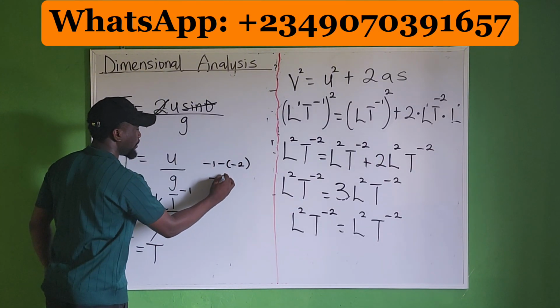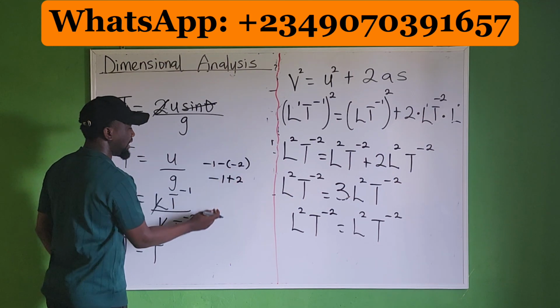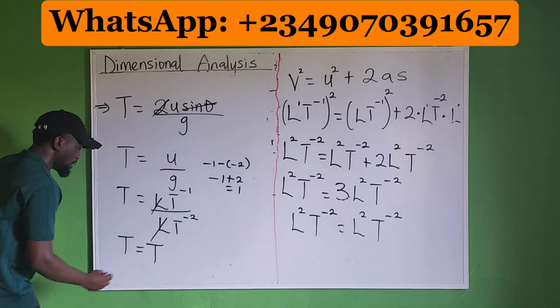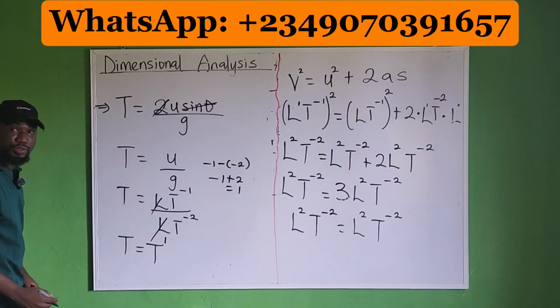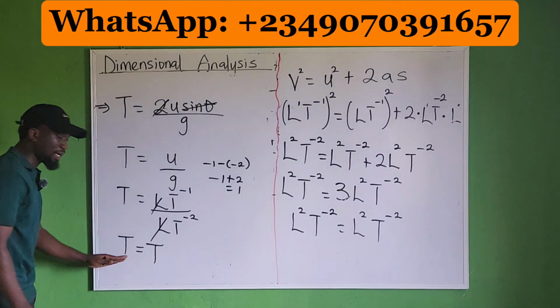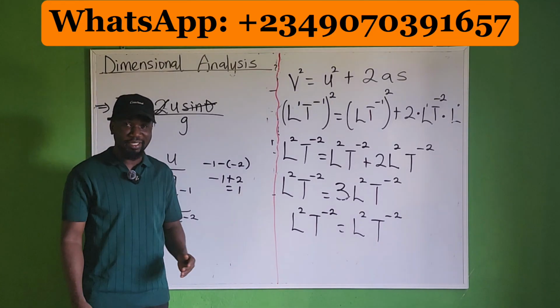Minus negative is plus 2. And negative 1 plus 2 will give us 1. So here T raised to 1, and that means 1. Do you understand that? So that shows that left hand side is equal to right hand side. Do you understand that?